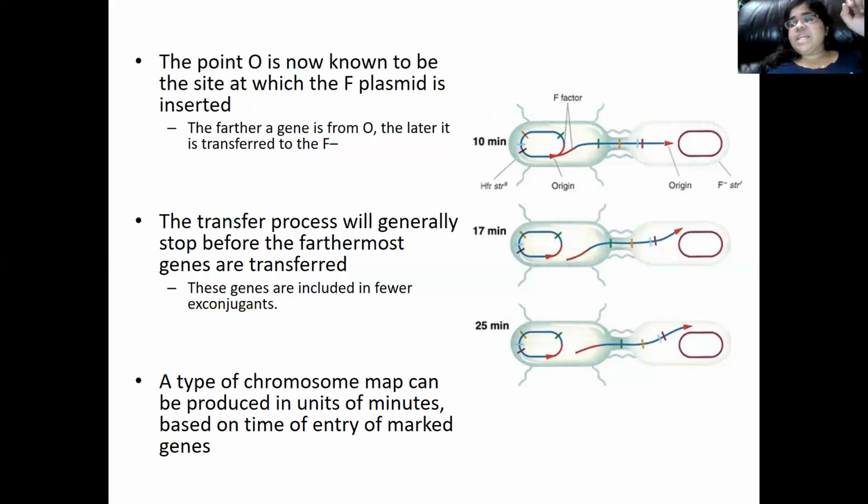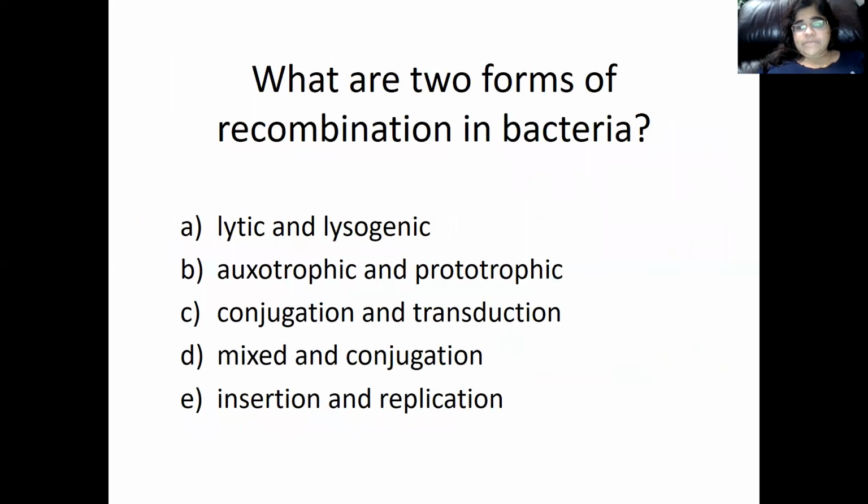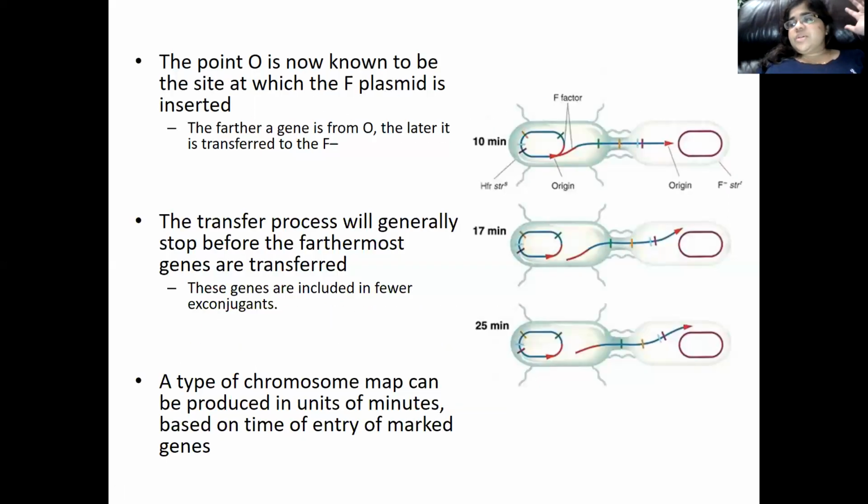So you can make a chromosome map based on the number of minutes. I will go over another example of this later on. There is one example in the question itself and in Dr. Bruce's slides, so try the study guide out.